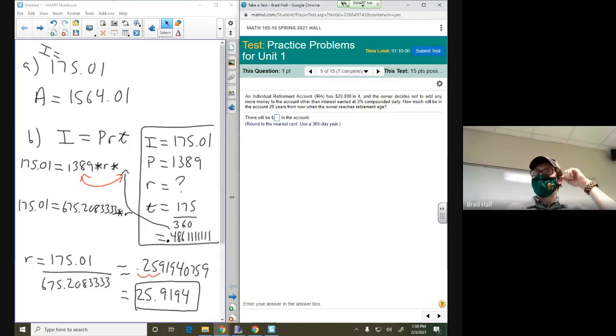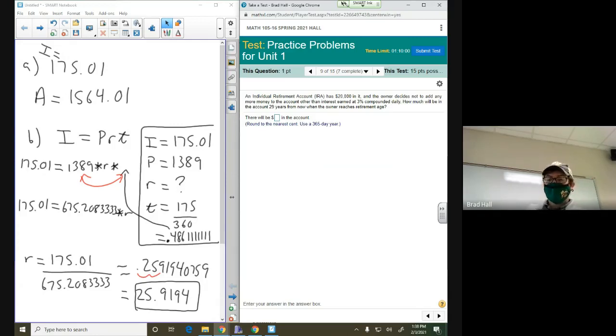So there's an IRA account. It's a retirement account. We actually did a problem kind of based off of this. It has $20,000 in it. The owner decides not to add any more money to the account other than 3% interest compounded daily. So how much is going to be in the account 29 years from now?